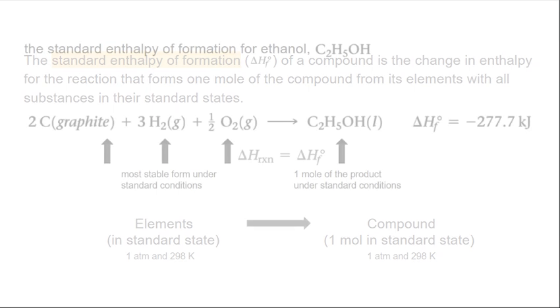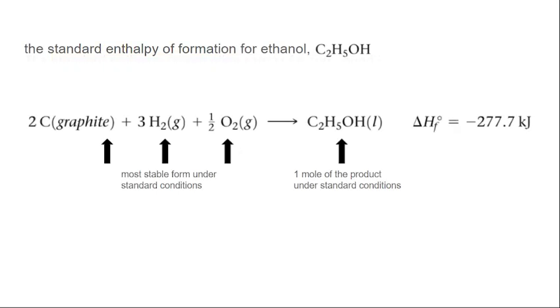For example, here's the standard enthalpy of formation for ethanol. Now, when we look at this, we're going to notice that the elemental source that we're using for oxygen is O2 instead of just one oxygen or O3, since O2 is the most stable form of oxygen when it's at 298 Kelvin and 1 atmospheric pressure.